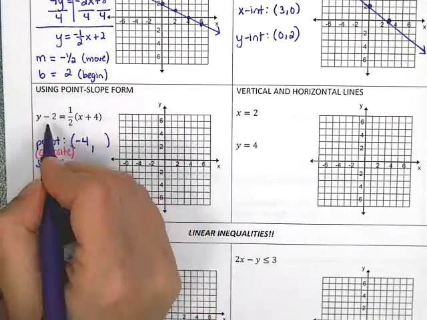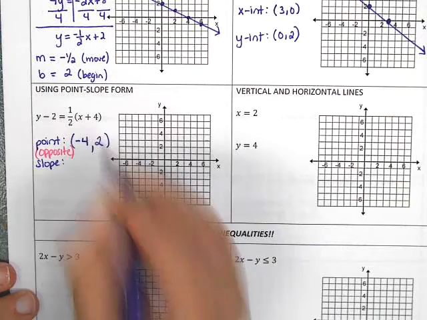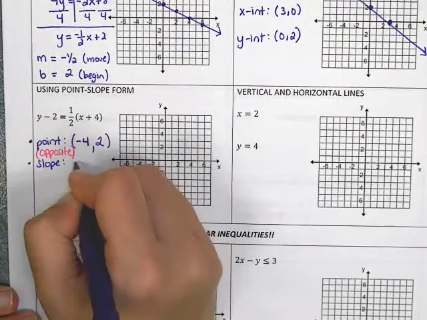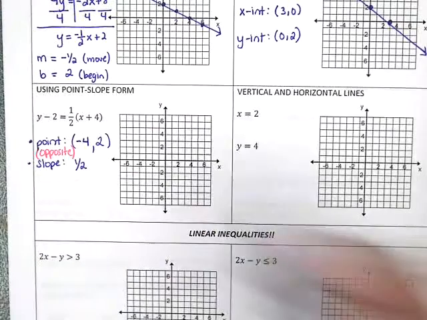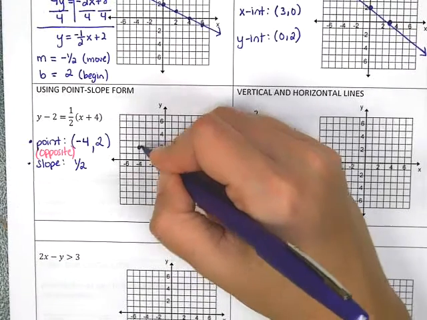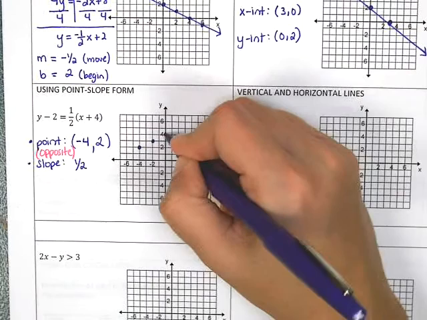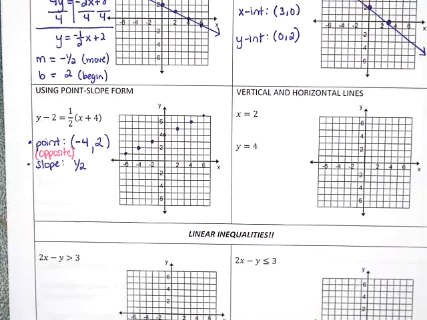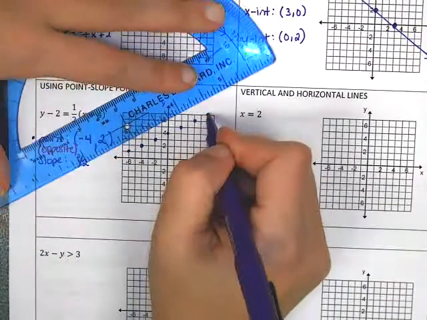By the letter y, I see a minus 2, which means the y would really be a positive 2. Now, the slope would just be the 1/2. I'm going to start at negative 4, 2. I'm going to go up 1 over 2, up 1 over 2, up 1 over 2, or down 1 left 2, and I'm going to connect the dots.